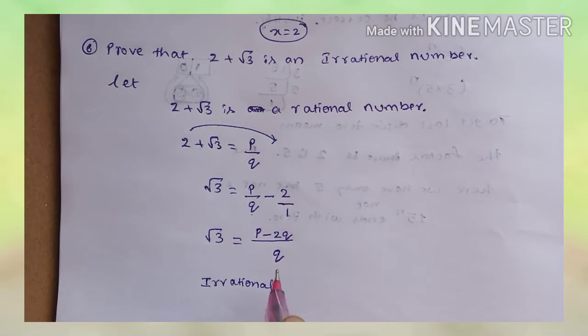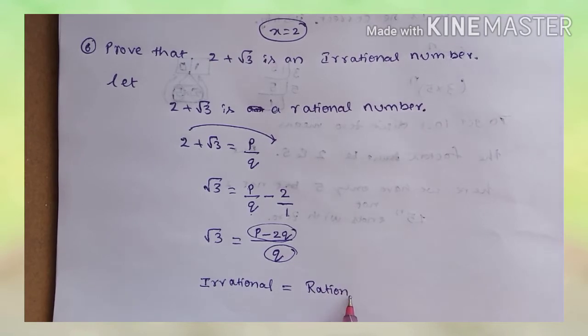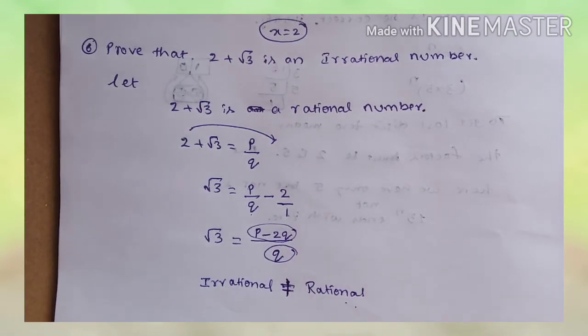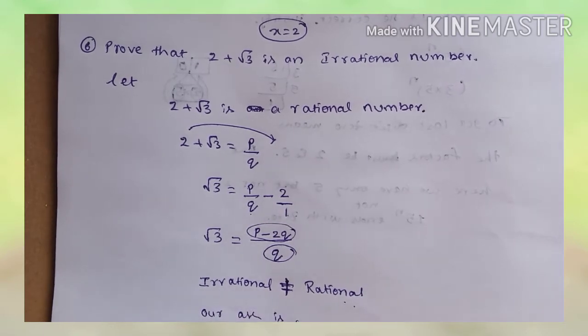Irrational number. Here numerator by denominator, so it is called a rational number. Is there any place where rational and irrational are equal? Definitely they will not be equal. So this assumption is wrong.